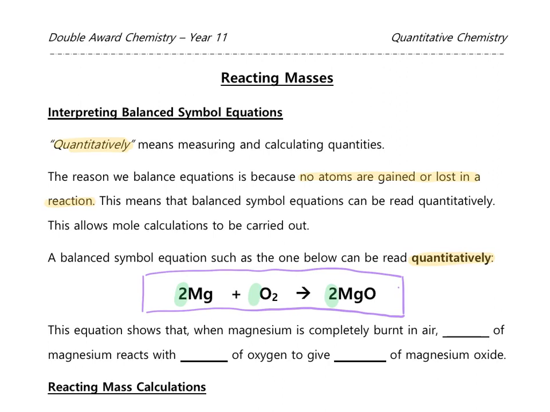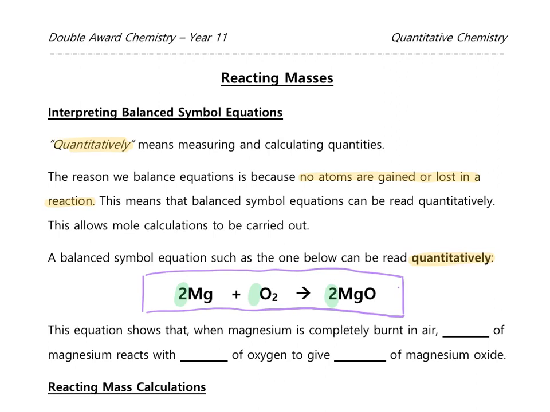So if I was to mix 2 moles of magnesium with 1 mole of oxygen, in theory, I should get 2 moles of magnesium oxide. And what this means is that when I have a number of moles of a reactant or a product, I can actually know the number of moles of all of the other reactants and products in an equation, and that's what we're going to do in our reacting mass calculations. So let's fill in your notes here. Essentially, this is just a ratio.